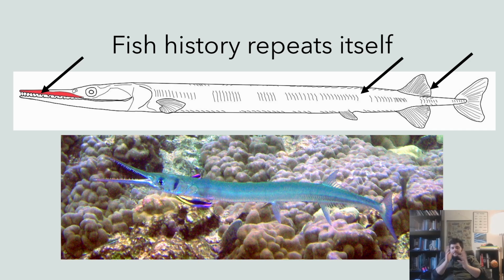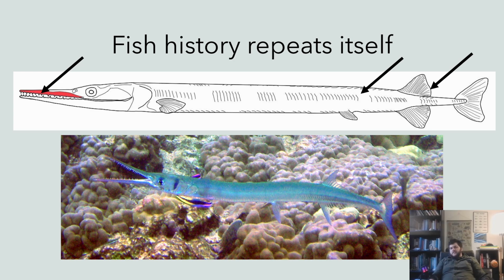So what we learn from these animals and from fossils like Saurichthys is that the history of fishes has repeated itself. And something I'm very interested in as a scientist is this phenomenon called convergent evolution, which is the idea that evolution, that the history of life, essentially, can create the same or very similar forms over and over again in the history of life.